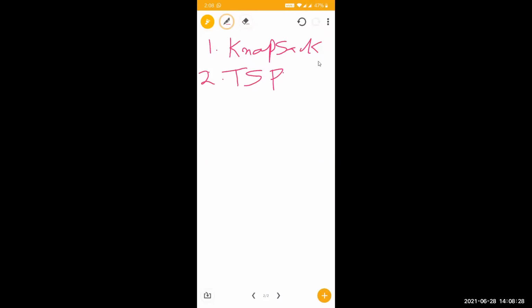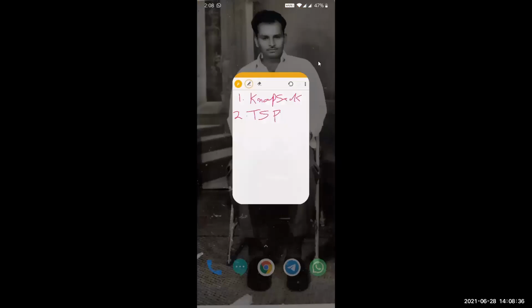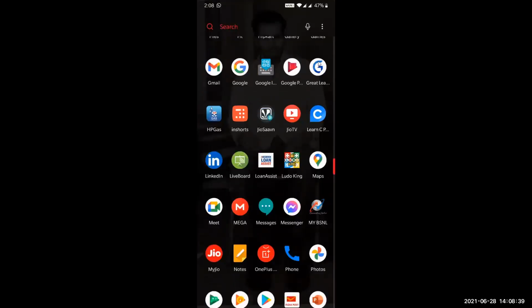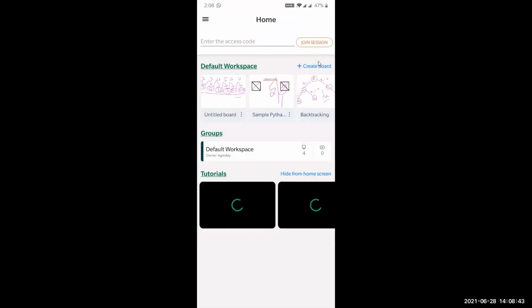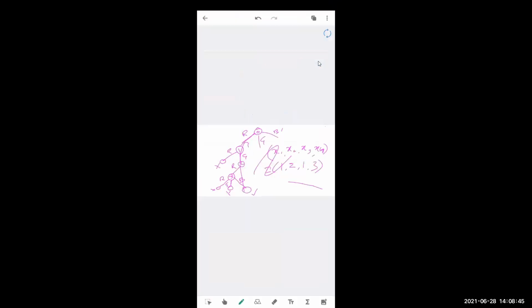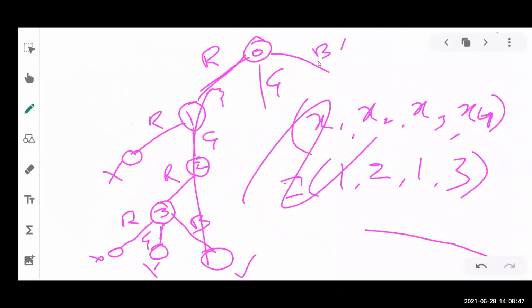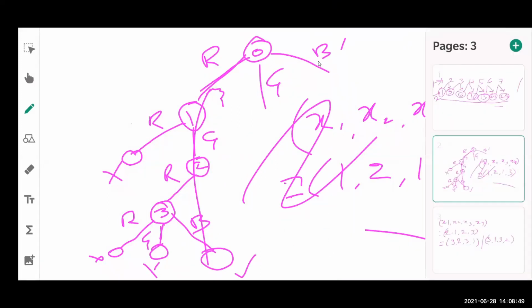Then how could you draw this state space tree? Let us have a look at how this could be drawn. For example, you may be given job 1, job 2, job 3, or process 1, process 2, process 3.